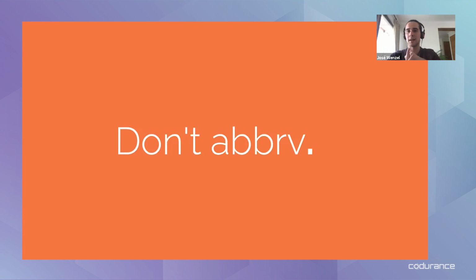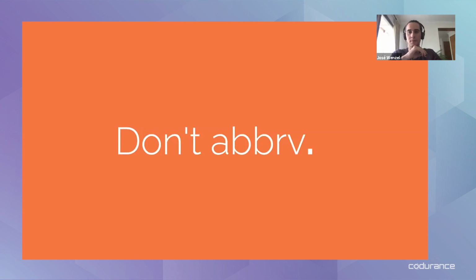It probably means that your class is doing too much, your methods are doing too much, you're not extracting correctly. Naming is hard, but naming things with the right name is even harder. This is a very, very easy rule that you can start using. I use it now. I don't abbreviate anything.